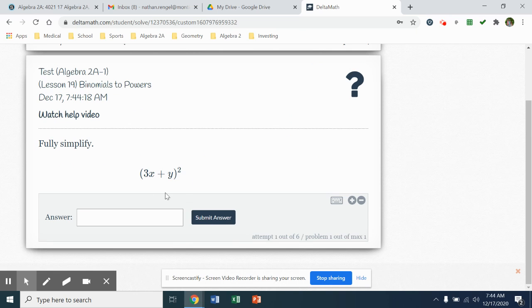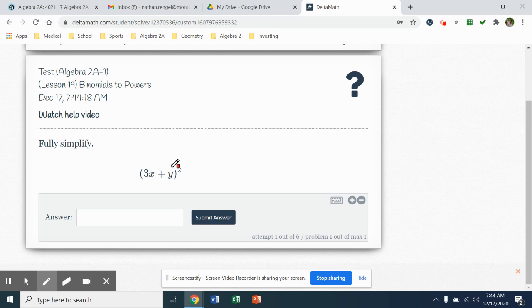So in lesson 19, we started looking at special cases with FOIL. And this is going to be the exact same problem that you have. So if you work this problem out with me and you put it in, this will be your half credit extra points on the test coming up on Monday. So we've got 3x plus y squared.